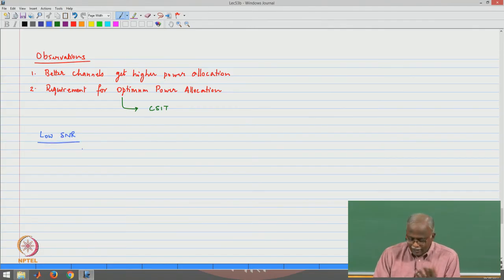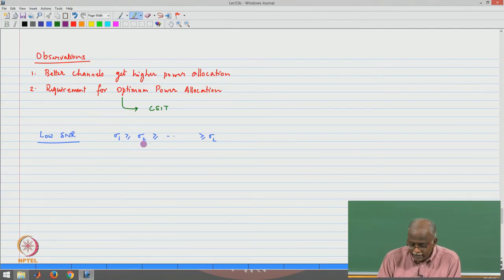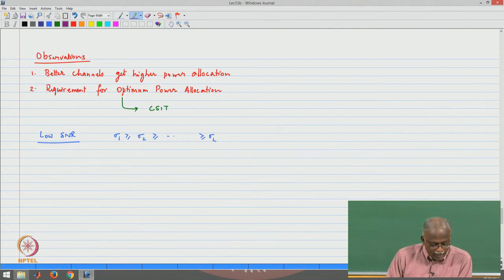Low SNR meaning that we have arranged the channels in the following manner: sigma 1 greater than or equal to sigma 2 all the way to greater than or equal to sigma L, and we find that already sigma 1 itself is small, and of course you can see that then sigma 2 all the way to sigma L are going to be even smaller. Now, under this assumption, you are not going to get very good performance, because already the channels are under poor channel conditions. So, under this condition we find a very interesting result.